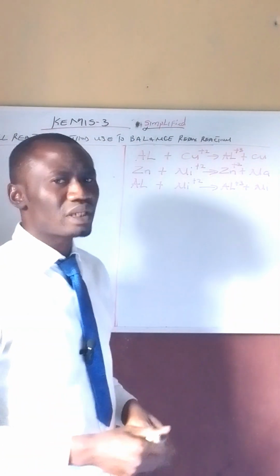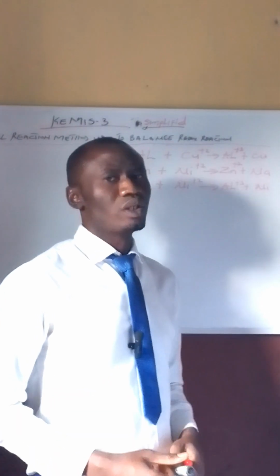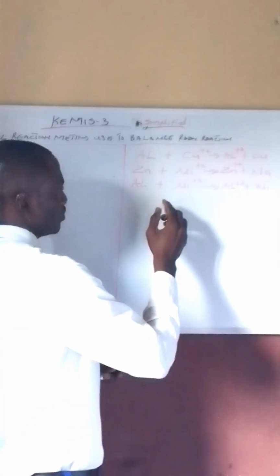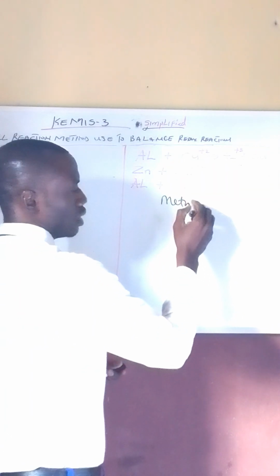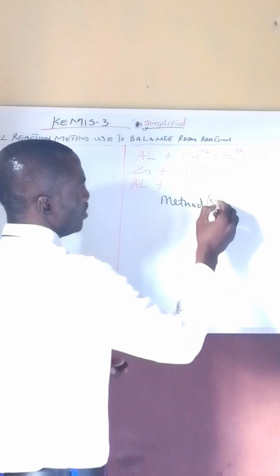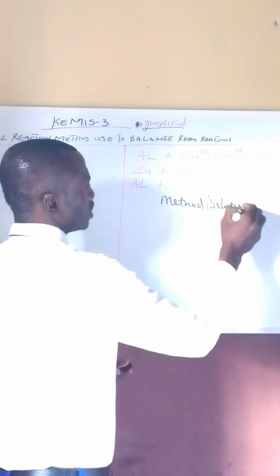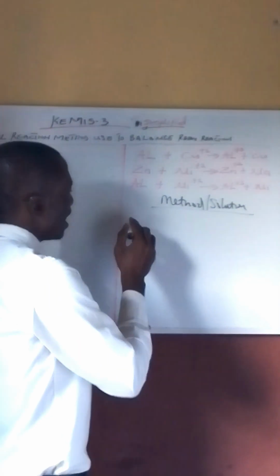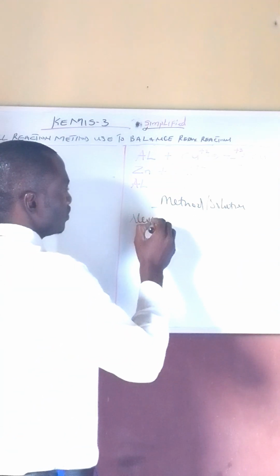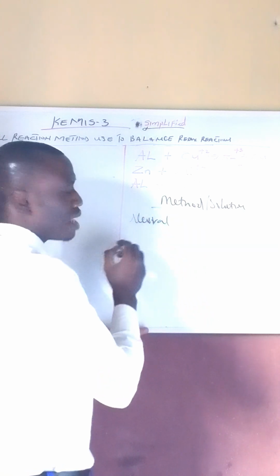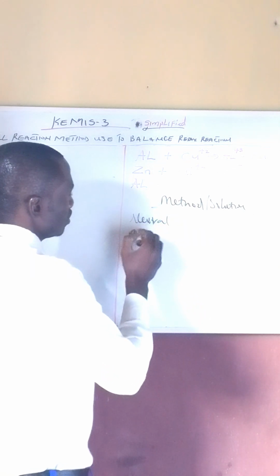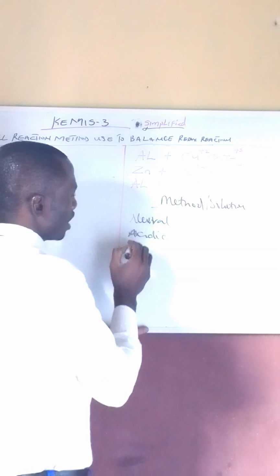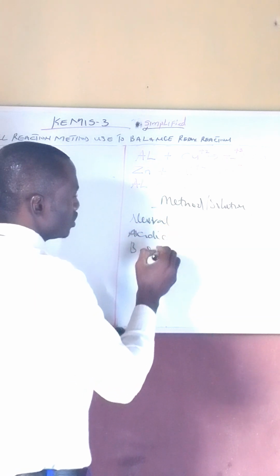Now, there are methods used in balancing redox equations. Sometimes redox equation is balanced in different solutions. We call it solutions. You can balance under a neutral solution. You can balance under an acidic solution. You can balance under a basic solution.